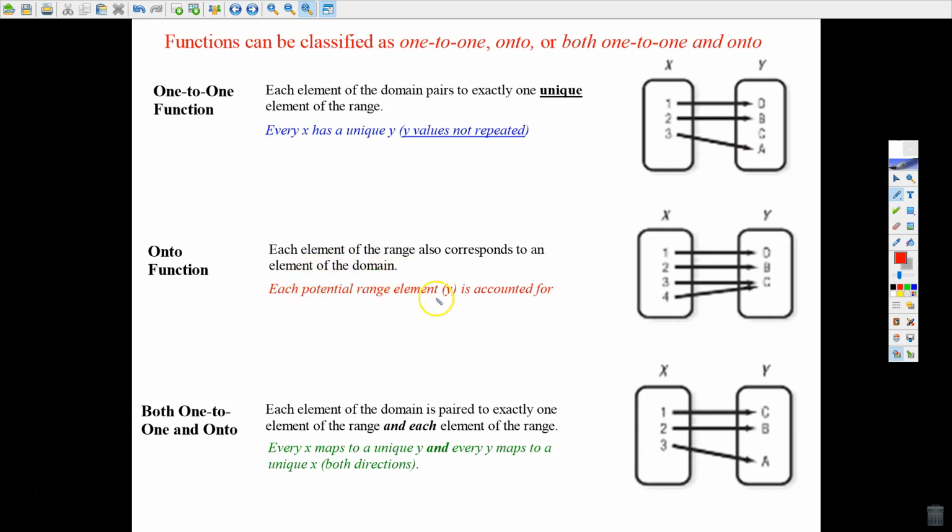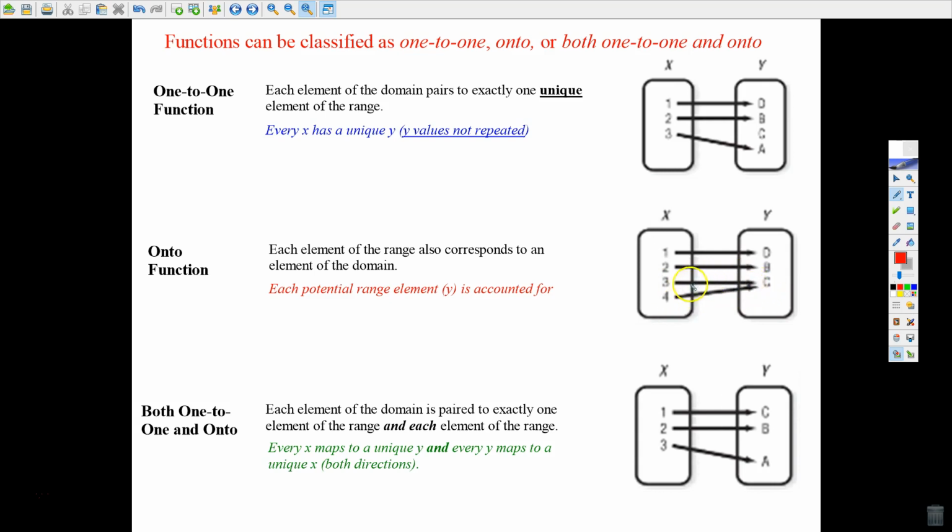But to me, this is an easy way to remember onto. Every single potential range element is accounted for. In other words, look at your range and make sure that it has a partner in the domain.